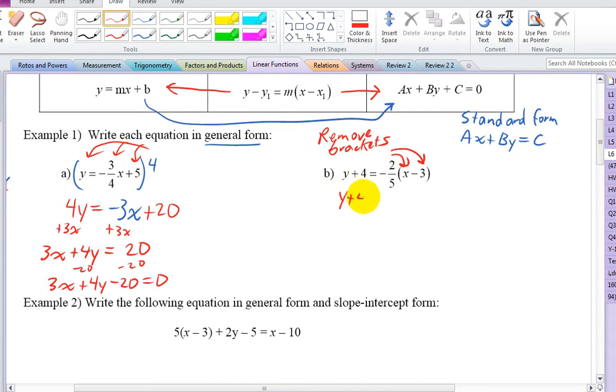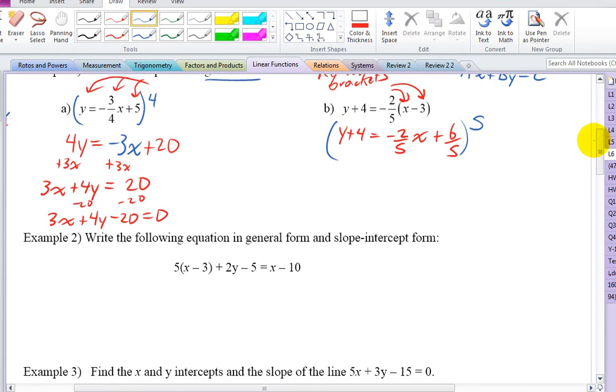So y plus 4 equals negative 2 over 5x plus 6 over 5. Okay, what do we want to get rid of? The 5. That's a common denominator, so multiply everything by 5. Go ahead, do that now, see what you get.